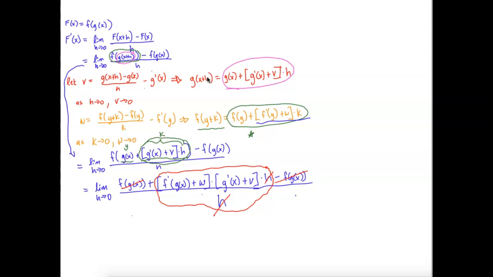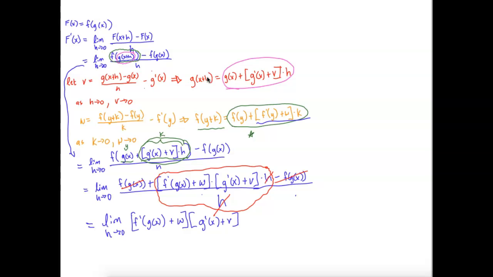So now my limit becomes the limit as h approaches 0 of f prime of g of x plus w times g prime of x plus v.